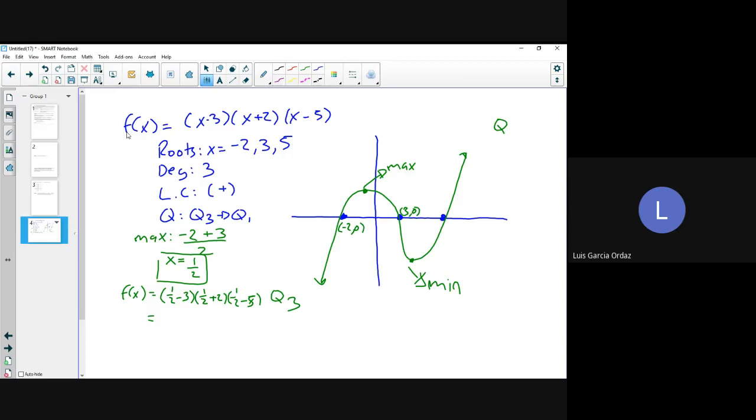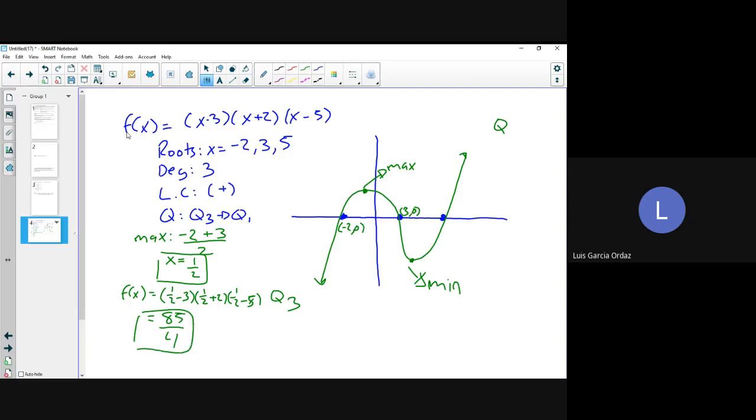Sir, would the question specify whether to find the maximum? I'll tell you, if I'm telling you to graph and I say look at the maximum and the mins, that's what you're going to do. You guys get 85 over 4 or something like that?